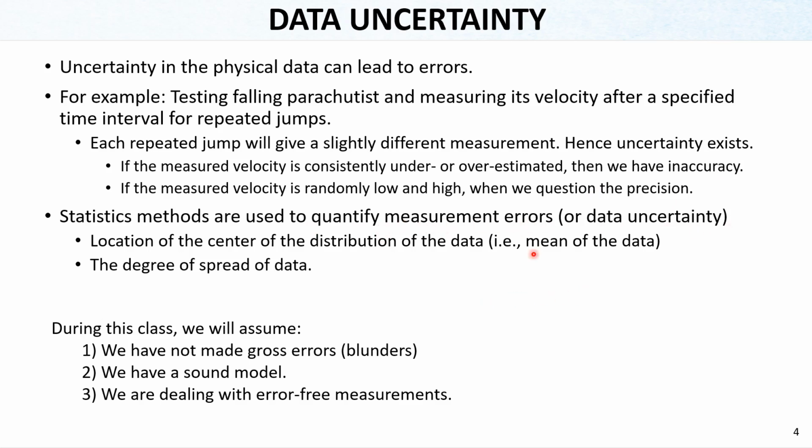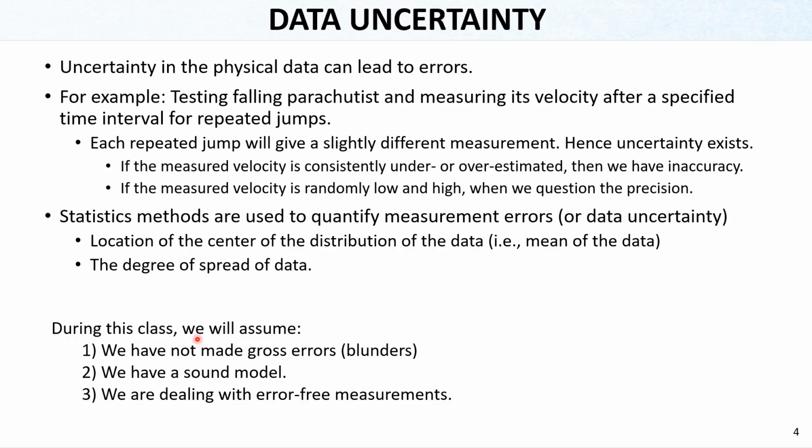What we do is we have a number of measured data, and we simply take an average of it, which is called the mean of the data, the location of the center of the distribution of the data. And also we will have a degree of spread of data. This can be considered as the standard deviation, for example, or variance of the data from the center point.